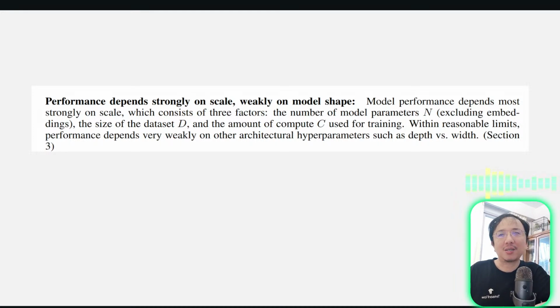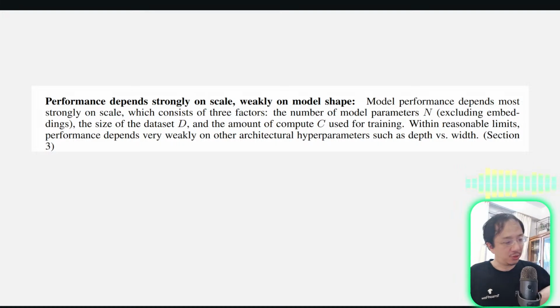The conclusion is that the major factor is the scale, not the model architecture or shape.